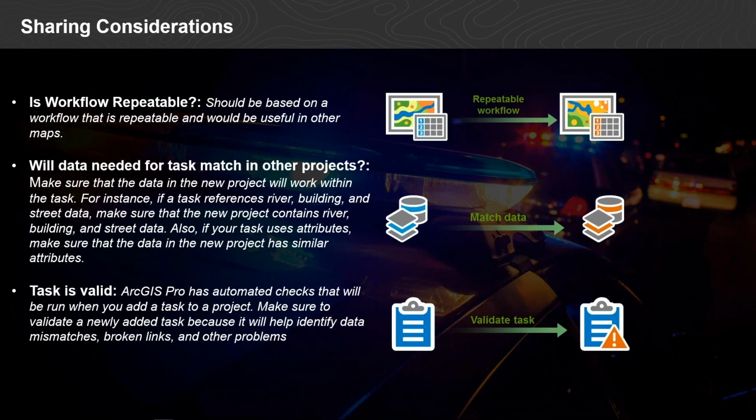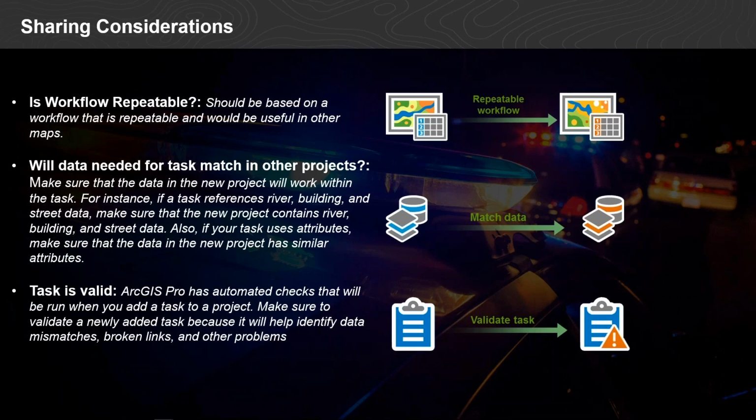But there is a good thing that's available anytime you bring a task into an ArcGIS Pro project. It will enable you to do automated checks to ensure that there aren't any particular issues with that task with respect to kind of things that it needs, inputs that it needs.